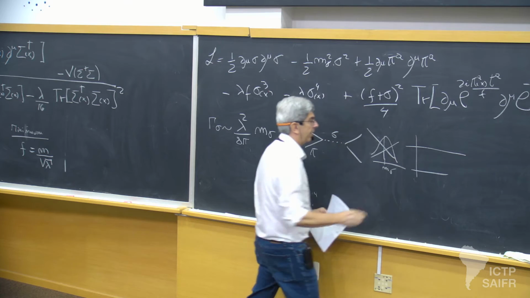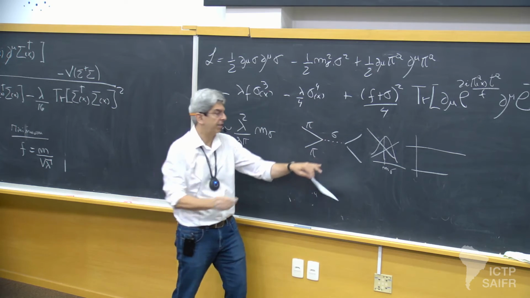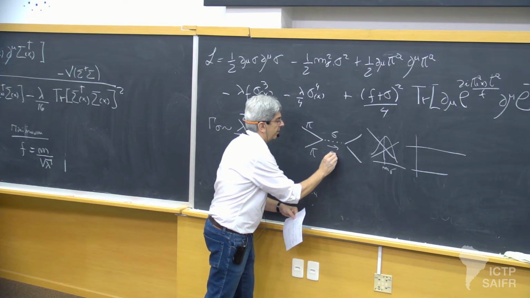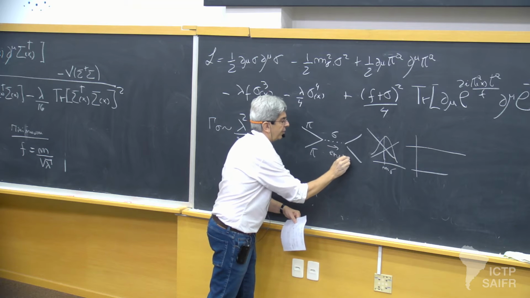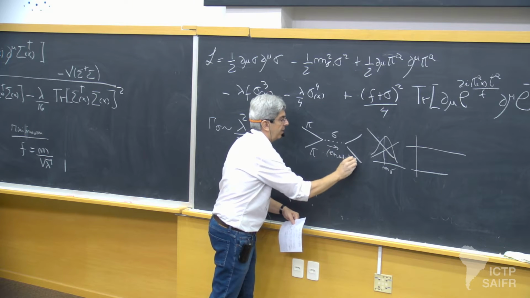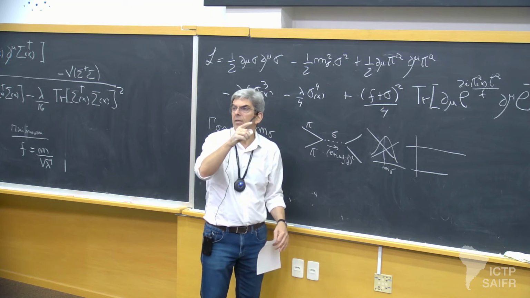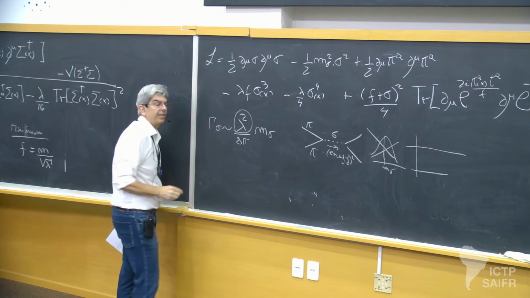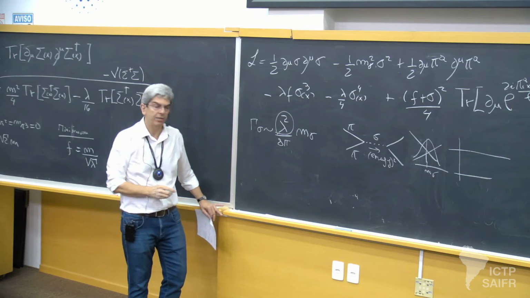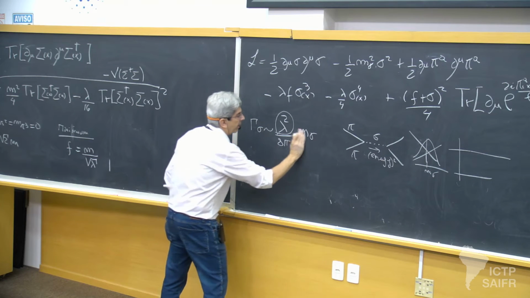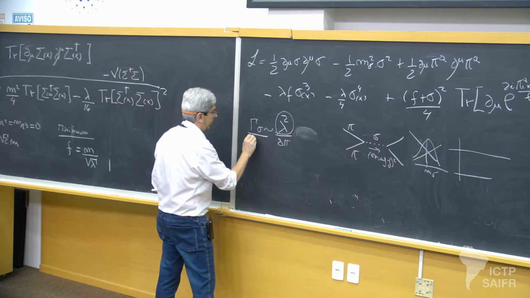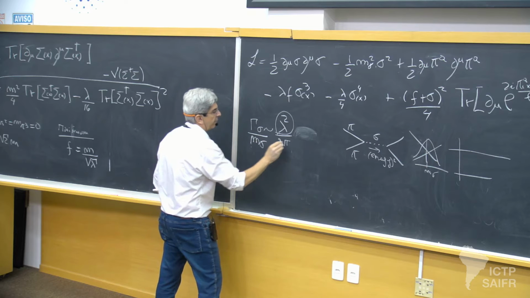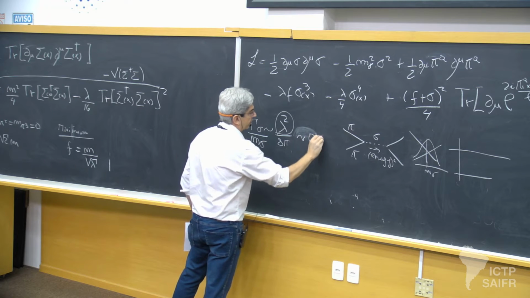This is the scattering as a function of the energy of the S channel, energy square, okay? So there is no bump. So it turns out that what we know is that the width of the sigma is very, very large, or at least if you divide it by its mass, it's of order 1, right?